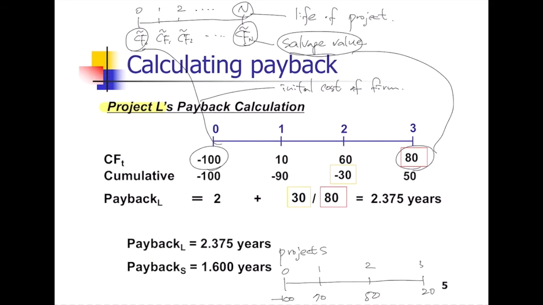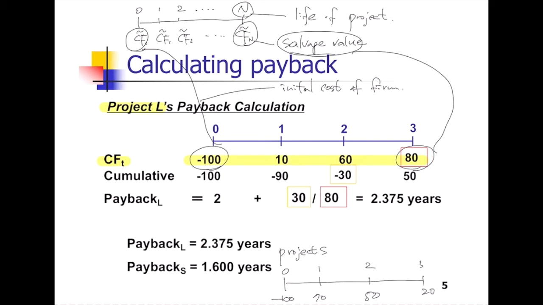Calculate project L's payback period. The cash flows at T, minus 100, 10, 60, 80, are given numbers.